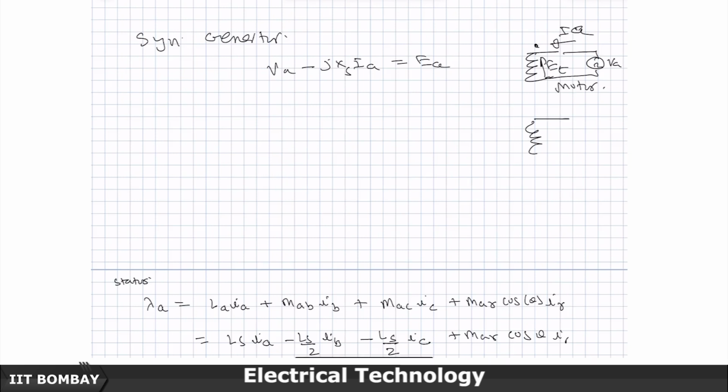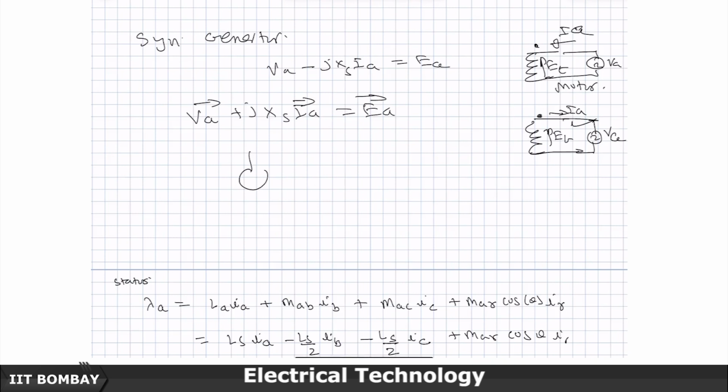Then for the generator we will follow this as our convention. The generator is generating voltage which causes a current to flow out, like we had the primary winding and the secondary winding. So, for the generator, IA should be replaced by minus IA to meet this generator convention, and so this equation becomes VA plus J XS IA equal to EA.